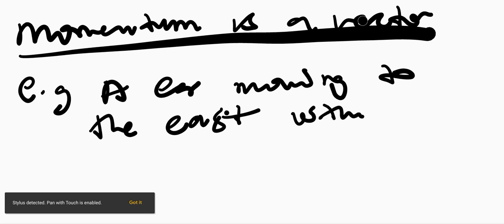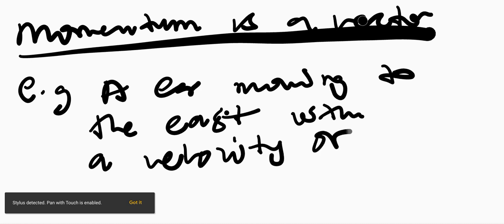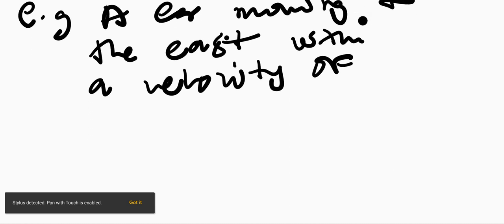with a velocity of, for example, 2 meters per second, right?